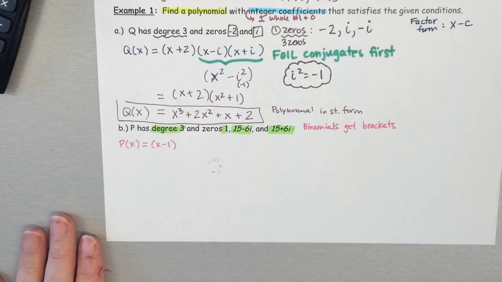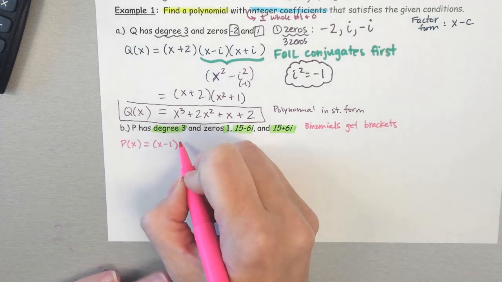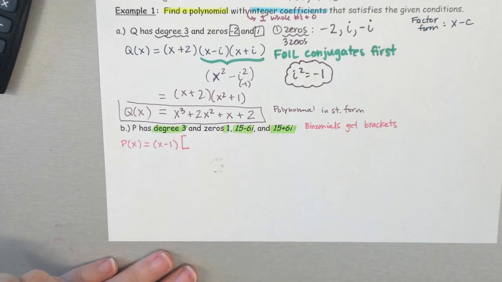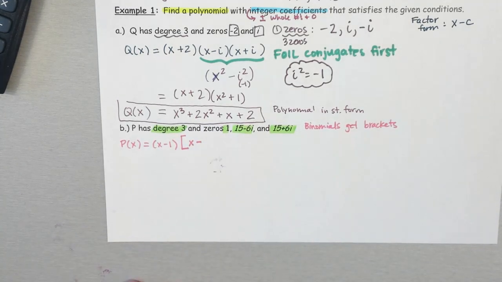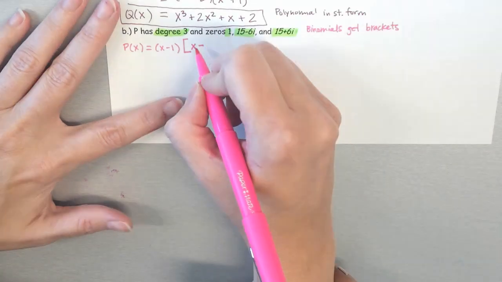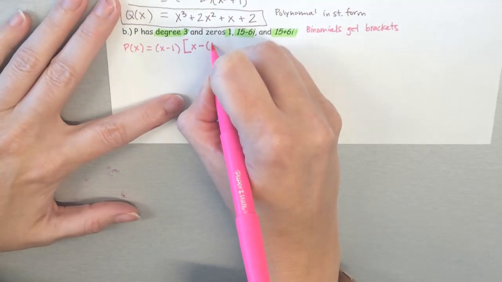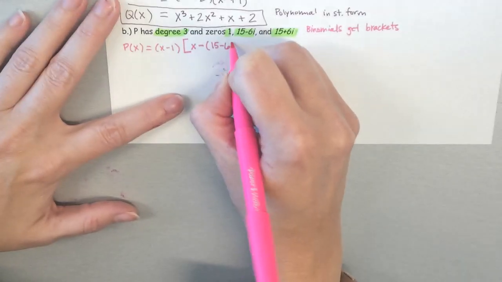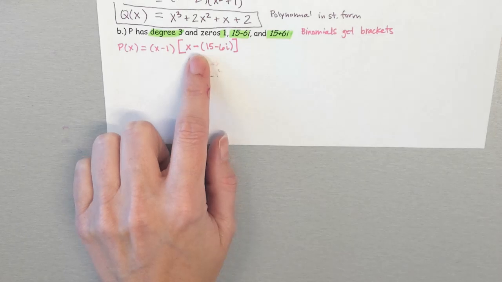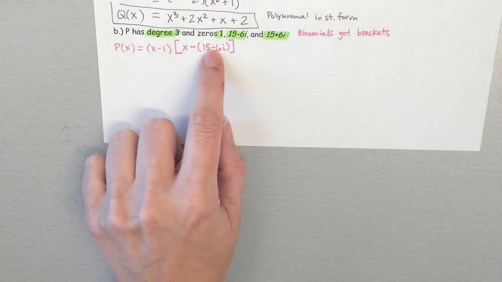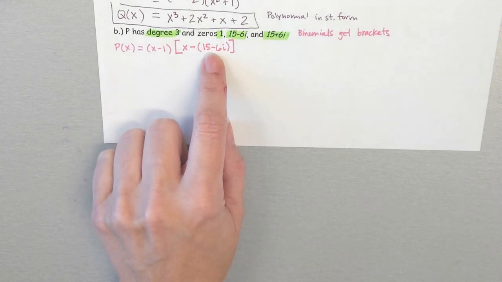Okay, all of our first steps should look the exact same. So what we're going to do is keep this in factored form, which is x minus your zero. So we're going to do x minus, and then we have 15 minus 6i in parentheses.